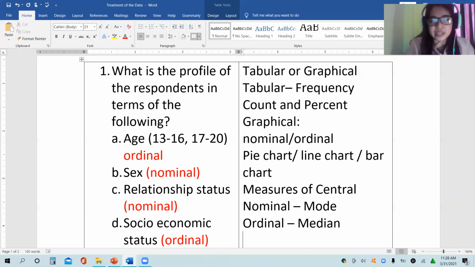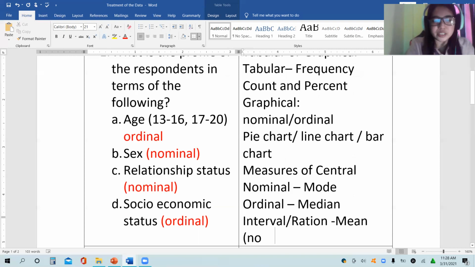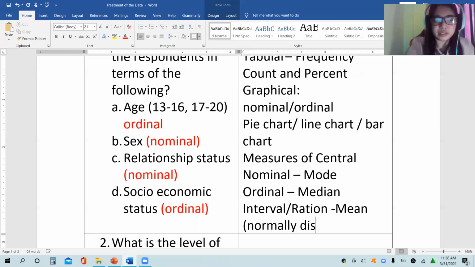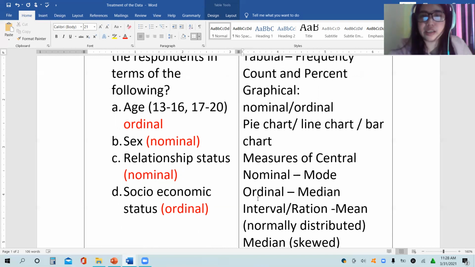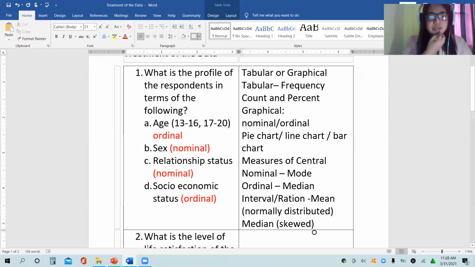While if it is at least interval, so that is either interval or ratio, you are going to use mean, but that is if it is normally distributed. But if not, you are going to use median if the data is skewed. So this is our review.